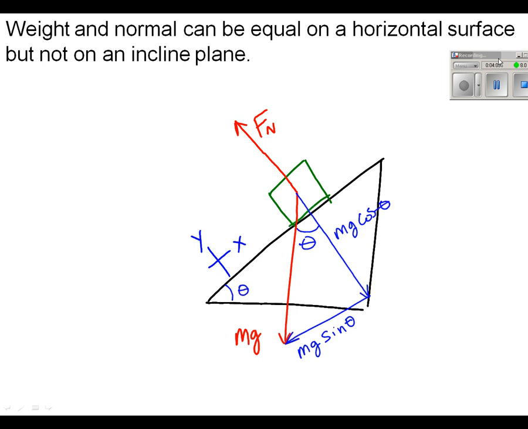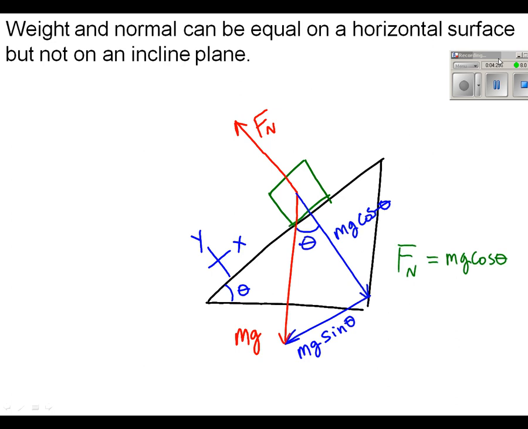And so now our normal force, you'll notice, is equal and opposite to mg cosine theta. So instead of being just mg, our normal force now is going to be equal and opposite to mg cosine theta. So breaking this up into its xy components allowed us to find this out.